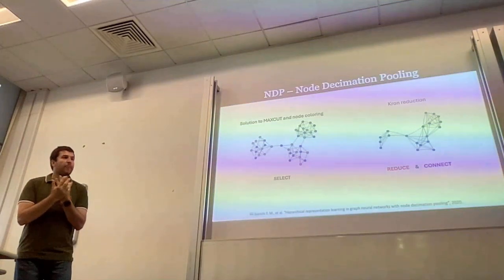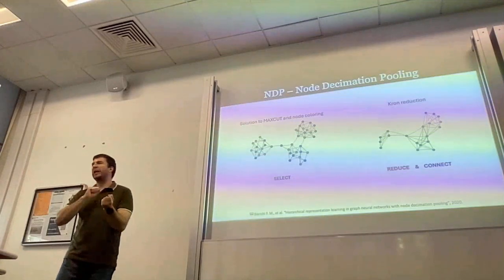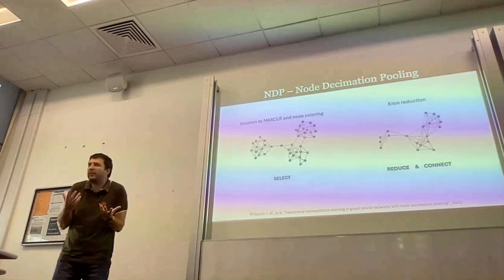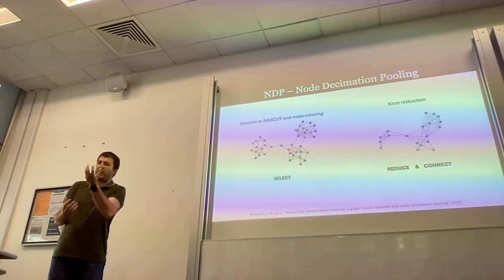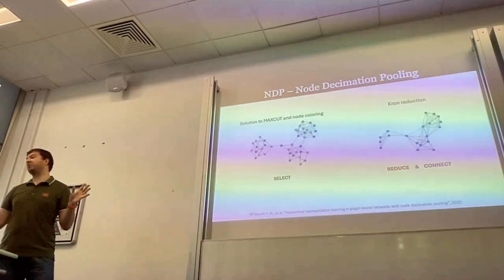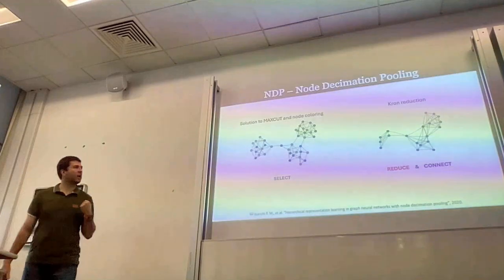This means that when we do message passing before, nodes which are close by will have exchanged a lot of information with each other. So basically it becomes a bit redundant to keep both of them. So we can just keep one and throw away the other, okay? So there is no reduce. We just keep the features of the blue node.